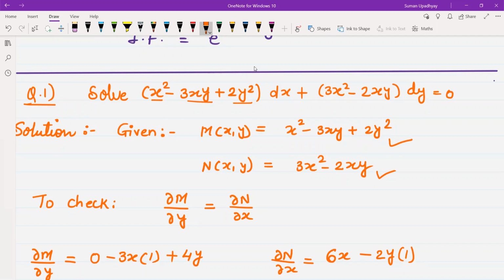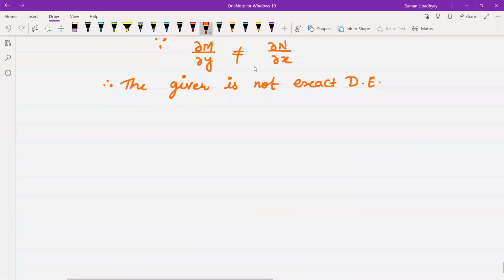So this function is homogeneous. Whereas in function N, there are 2 terms and each is of degree 2. So N is also a homogeneous function. So yes, it fits in rule number 1.